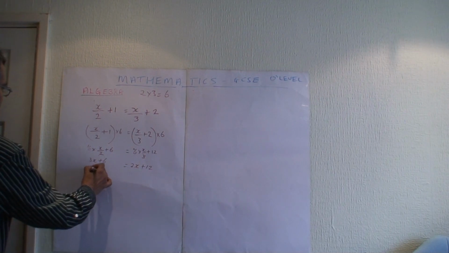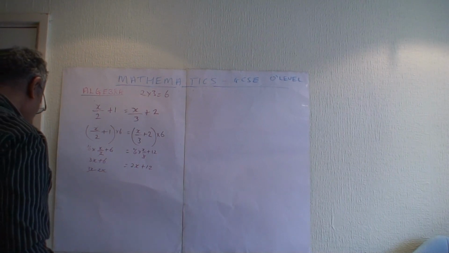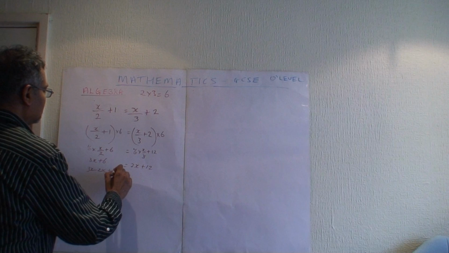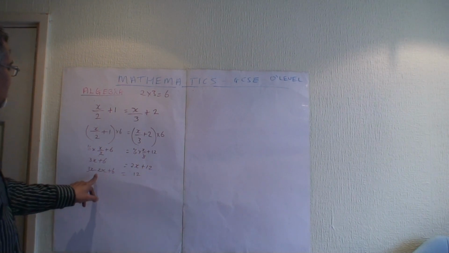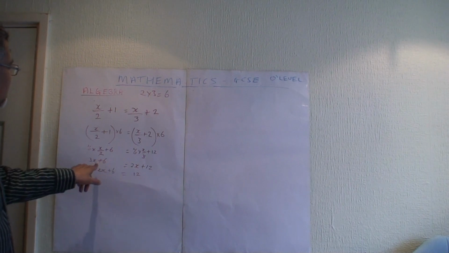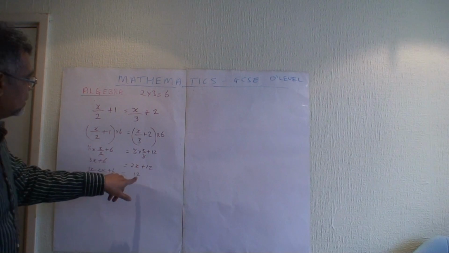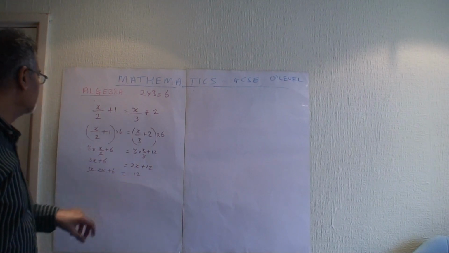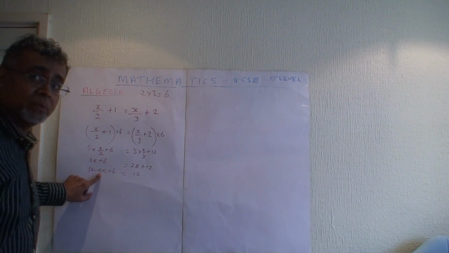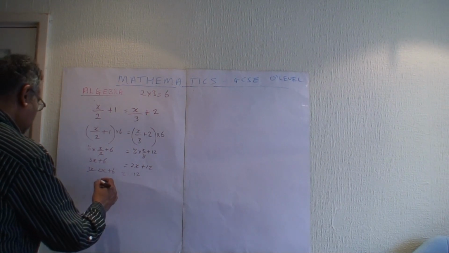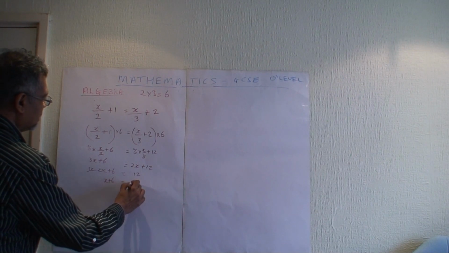So 3x minus 2x plus 6 is equal to 12. 3x minus 2x is 1x, so it's just x plus 6 is equal to 12.